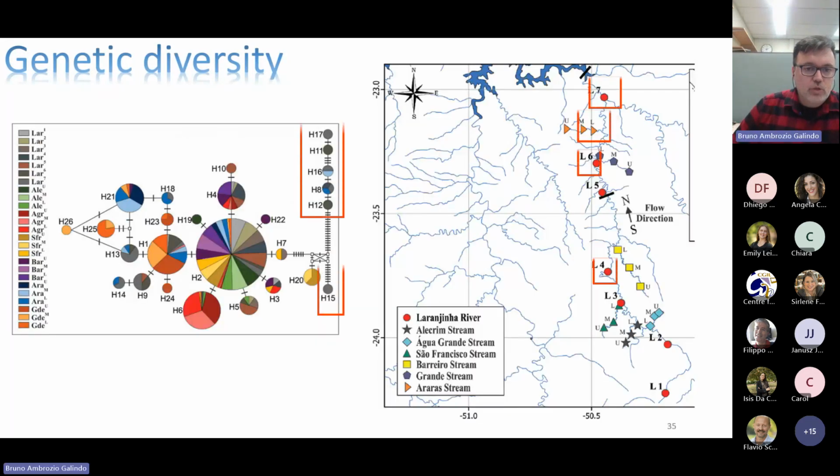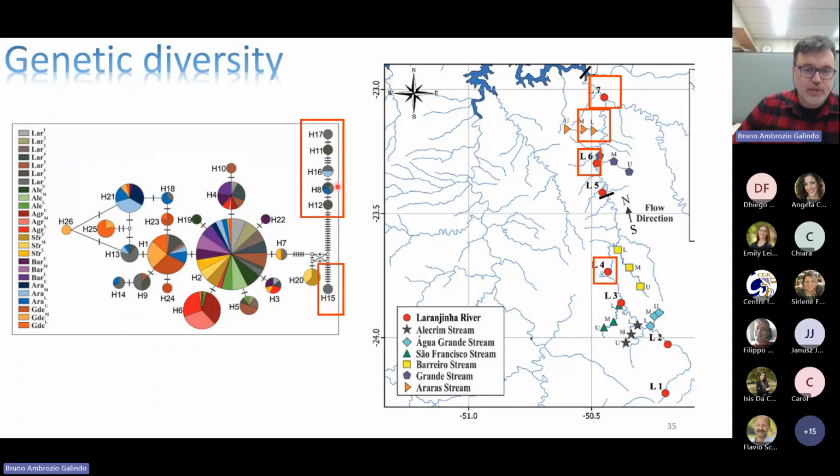And here, I would like to highlight this group of haplotypes. This group of haplotypes is another mitochondrial lineage. And we can say this because we have a lot of mutational steps between this lineage and this lineage, and we didn't find any intermediary haplotype.